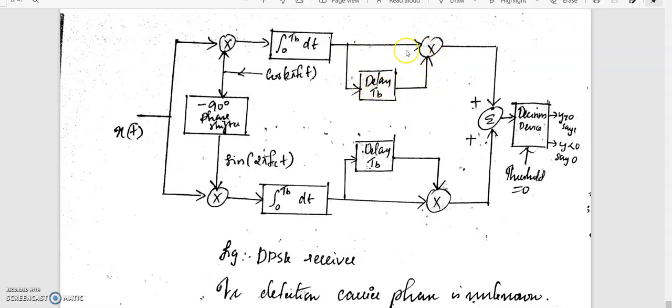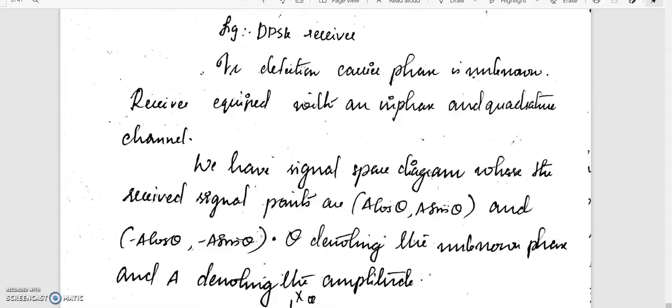These two I find the inner product of. Similarly, I have the quadrature phase component, again at two instants, and add these two. I take the inner product and check whether it is greater than 0 or less than 0. Based on that, I take the decision. That is shown in the receiver block diagram.